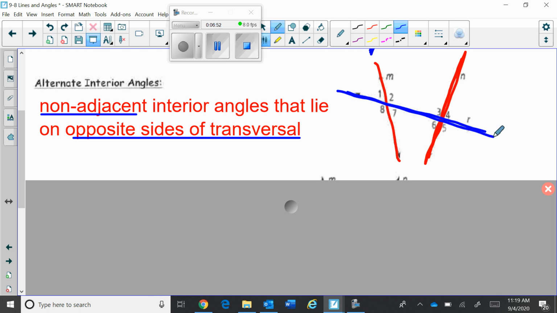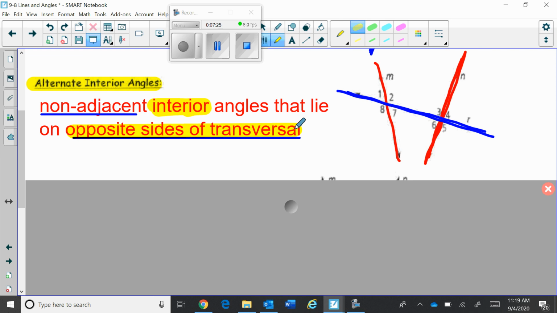Our first portion of angles, these are going to be very, very important to know the names of and know the examples of. Alternate interior angles. Alternate interior angles means non-adjacent, so not side by side. We are on the inside, we are interior angles, and we lie on opposite sides of the transversal, but we're not side by side.